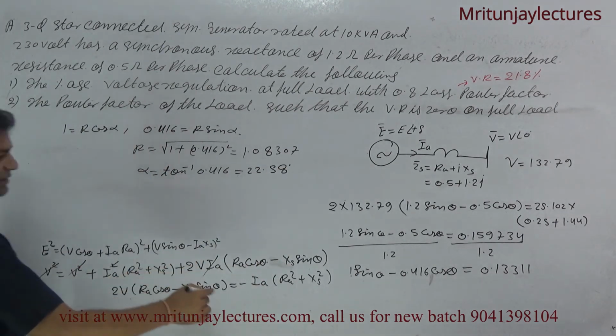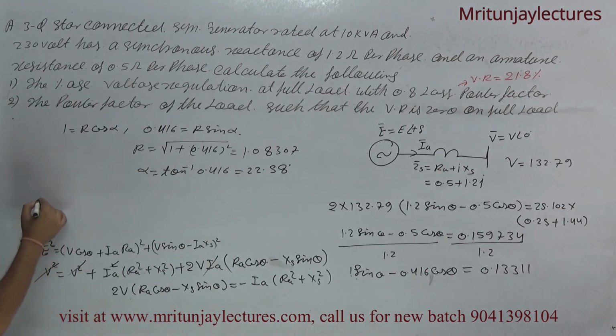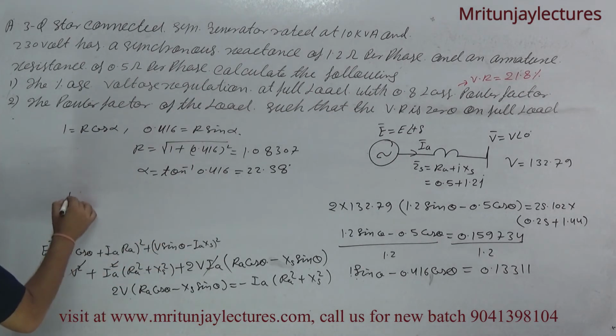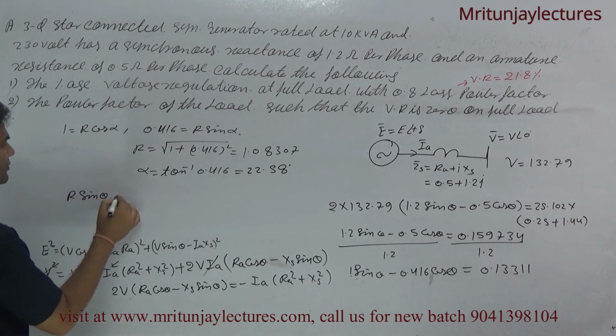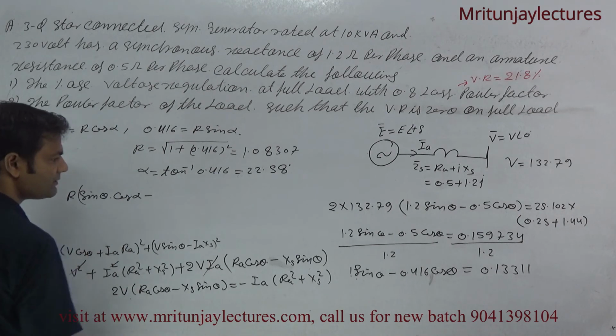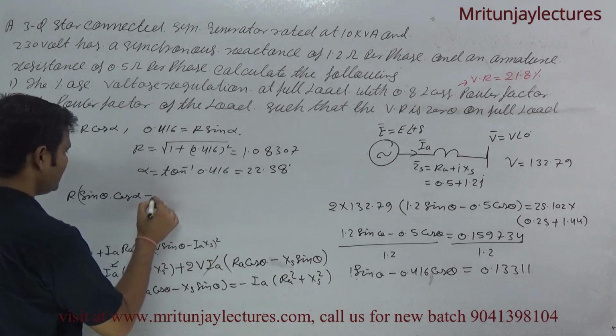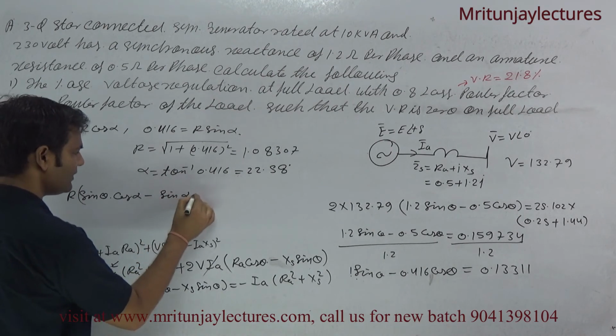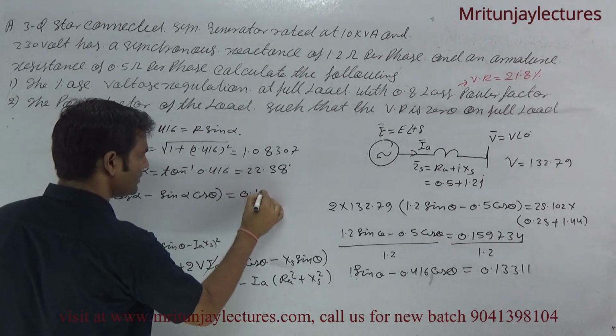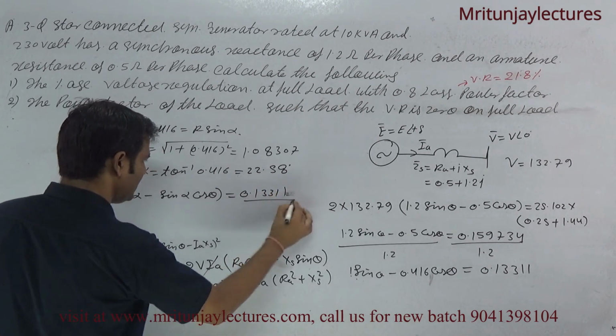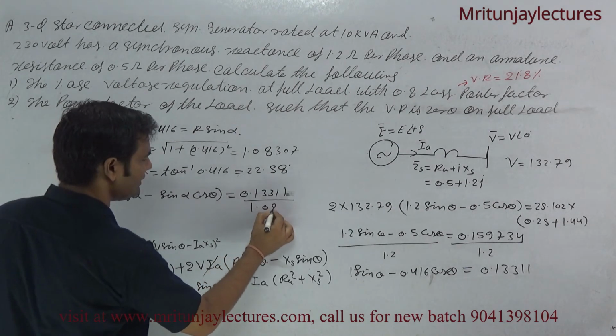Okay, now this is also written as r sin theta cos alpha minus sin alpha cos theta, which equals 0.1331, divided by r, which is 1.08307.